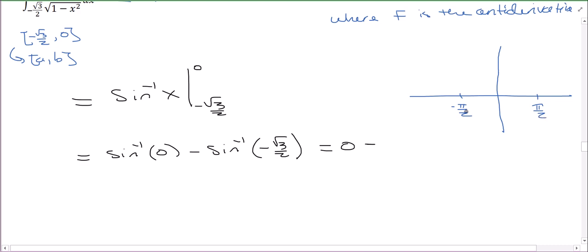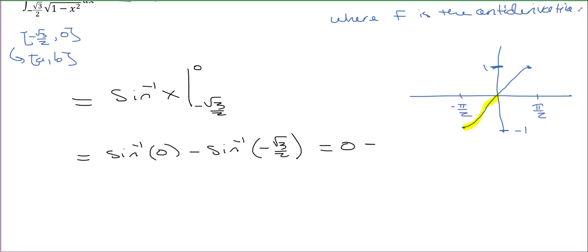On sine, you go from negative pi over 2 to pi over 2. That's where the function is 1 to 1. So that means that the values for inverse sine are going to be between negative 1 and 1. So negative root 3 over 2 is going to be a value in the third quadrant, but between negative pi over 2 and 0.